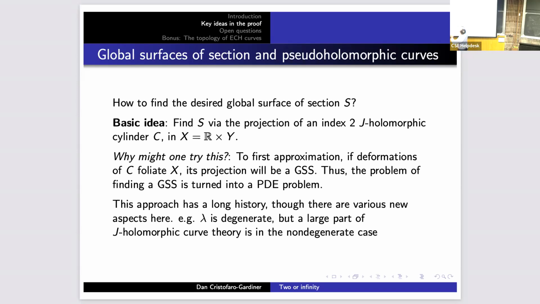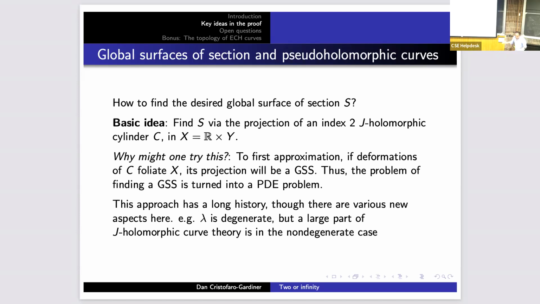So I take my cylinder, which has real dimension 2. Index 2 means it lies in a 2-dimensional family. The hope is that as I move in the moduli space component containing C, that 2-dimensional family of 2-dimensional curves exactly foliates this 4-manifold, and maybe that implies that the thing has to project to a global surface of section. So that's the geometric idea.